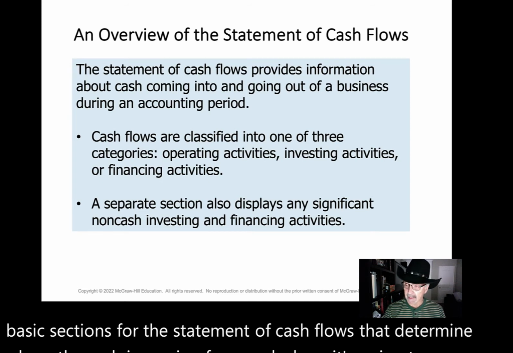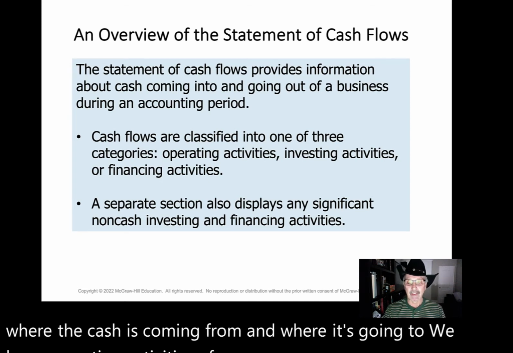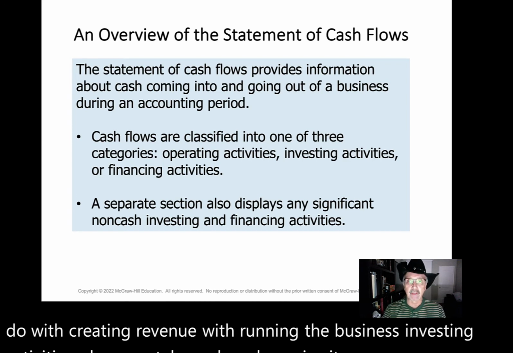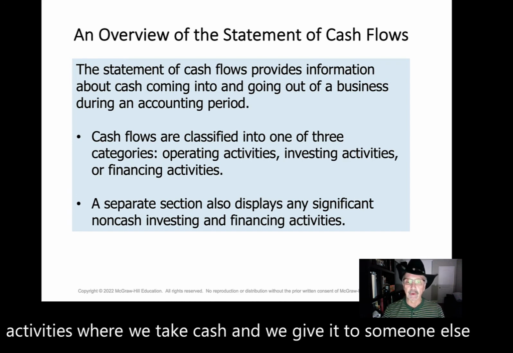We have operating activities. Of course, that's anything having to do with creating revenue, with running the business. Investing activities, where we take cash and we give it to someone else as an investment, expecting a return.